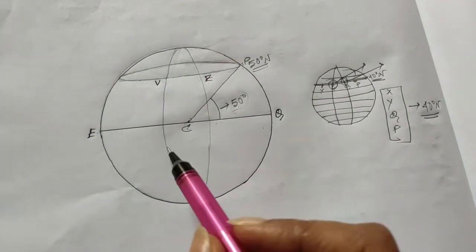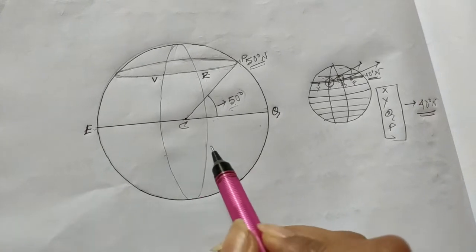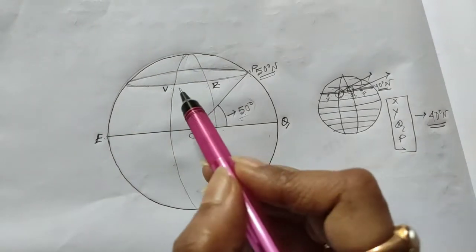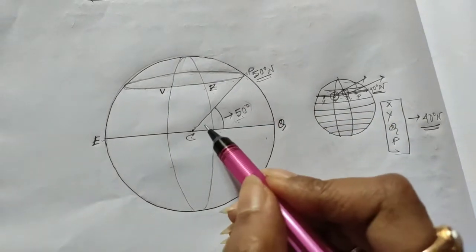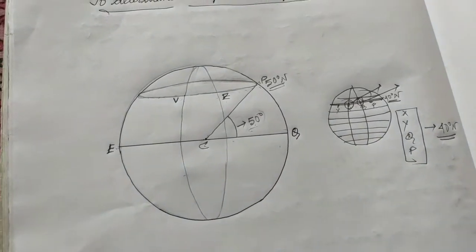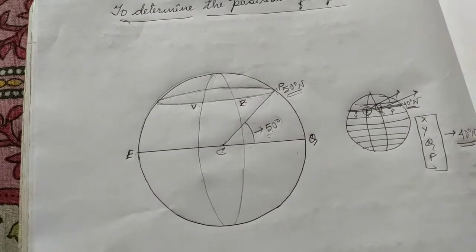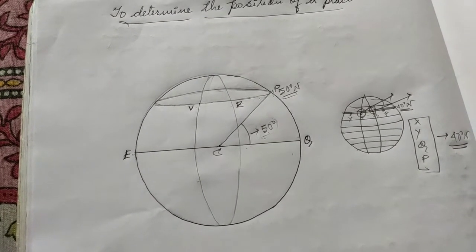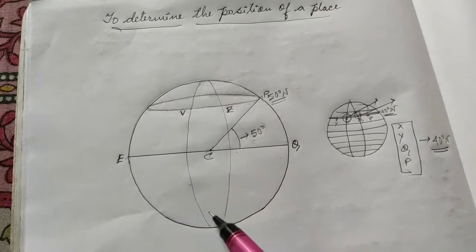Likewise, we can see here two longitudes. These two longitudes intersect this line at the V place and the Z place. I will take out the angle, and then I can understand what the longitude of this line is.